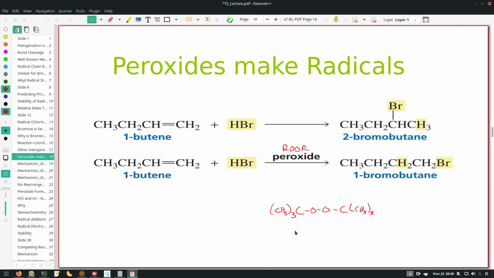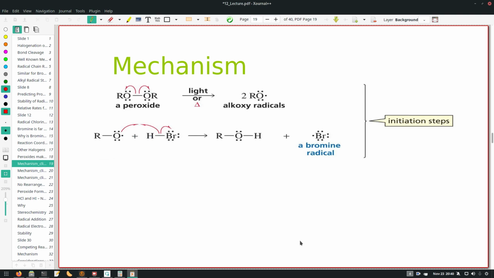You will sometimes see this as TOOT. Tert butyl, OO, tert butyl. Toot. That peroxide is the important thing. Now, it's just that OO bond. Having R groups on there make it a little bit more stable in this, and it helps the solubility. That's typically what will change.